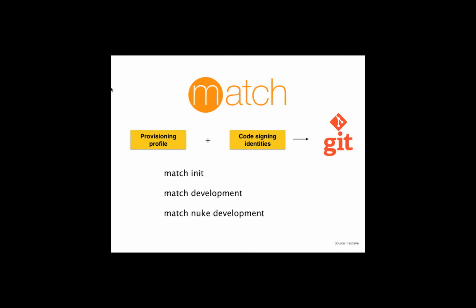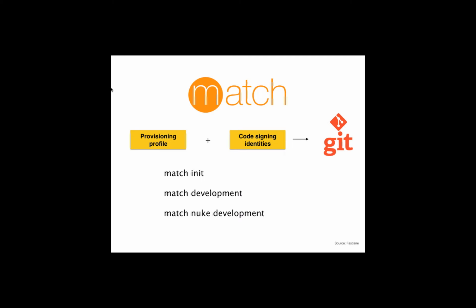So we come to the next, third tool, which is called Match. As I said, whenever a new developer is added to your team, or whenever you add a new device to your existing provisioning profile, you need to update the entire profile. That is why Fastlane gives you something called Match, wherein it generates one single provisioning profile and a single certificate for your team, which is collectively pushed into a common Git repository that's private to your team.